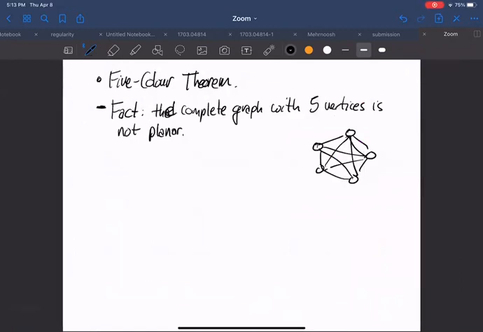Okay, so this important fact, that the graph K5, the complete graph on 5 vertices, is not planar, that's important to us. You may have seen it. Another, apropos nothing, obstruction to planarity. In fact, really the only other one is the complete bipartite graph on 3 versus 3 vertices.